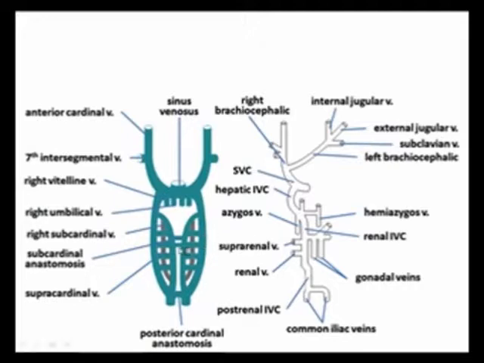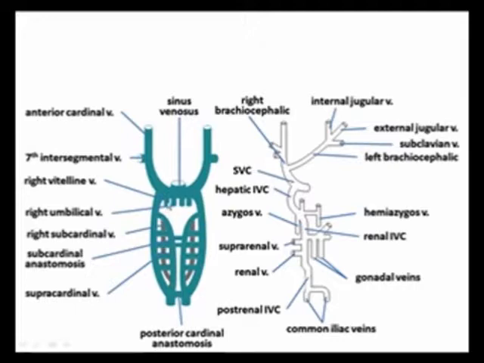So what we'll end up with is a rerouting of the blood supply here in the abdomen. What I would like you to remember is how the inferior vena cava develops.